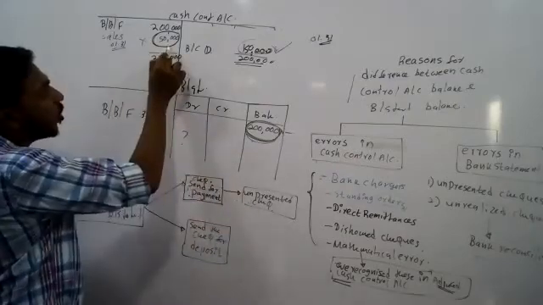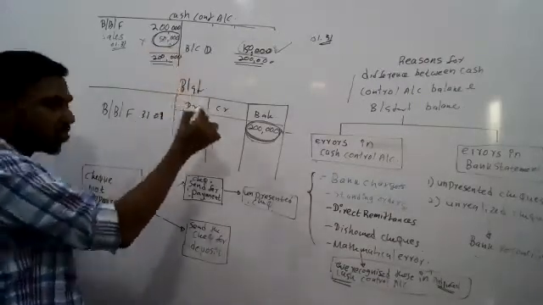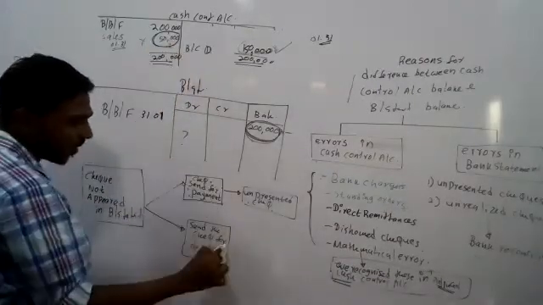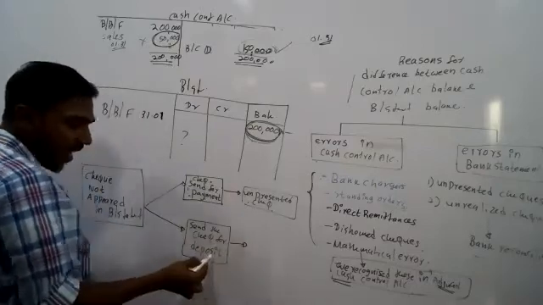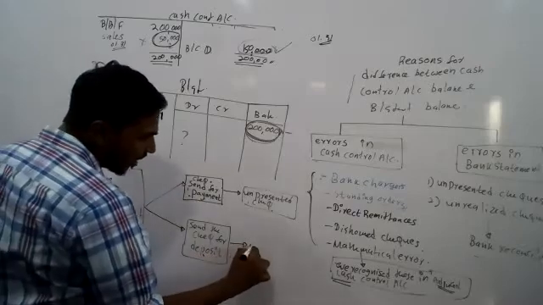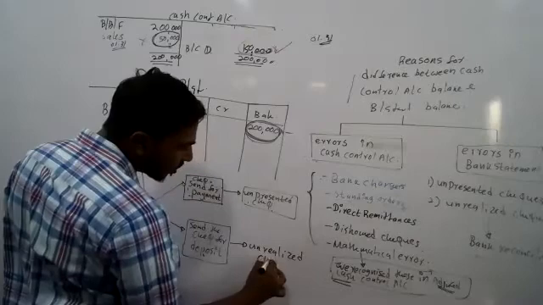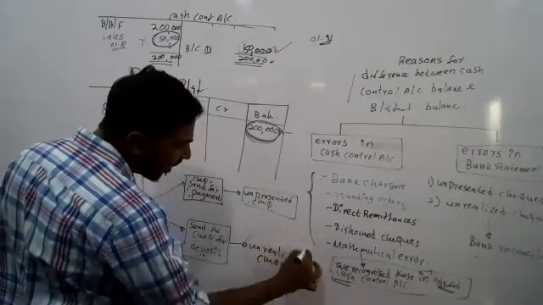If you receive the check, cash debit, that means you sent it not for payment but for deposit. If you send the check for deposit and it does not appear in the bank statement, it is unrealized checks.